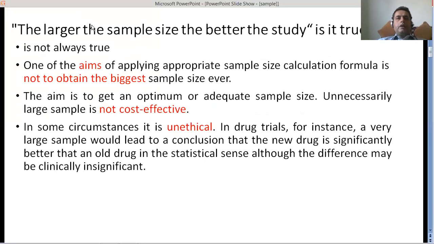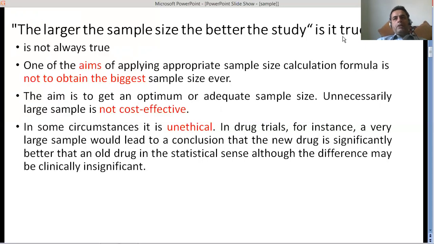Then some people say the larger the sample size, the better the study. Is it true? We should determine whether this particular saying is true, that if you just increase the number of samples, it would be good for your study, and it would come up with very good results.